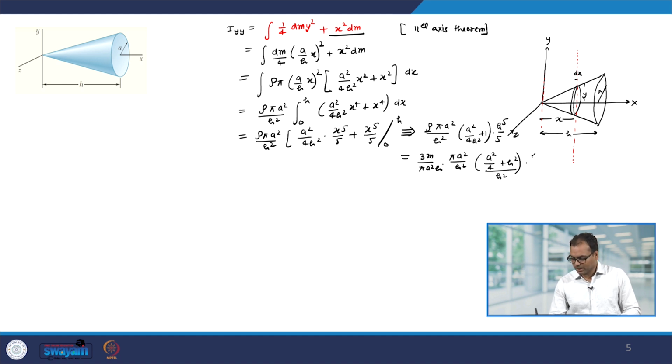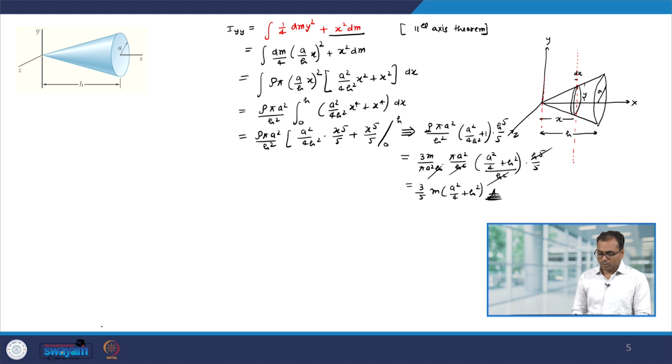This is just simplification, h to the power 5 divided by 5. Now, this h square and h will get cancelled with h to the power 5. So, we get 3 by 5 m into a square divided by 4 plus h square. Okay. This is the moment of inertia about the y axis.